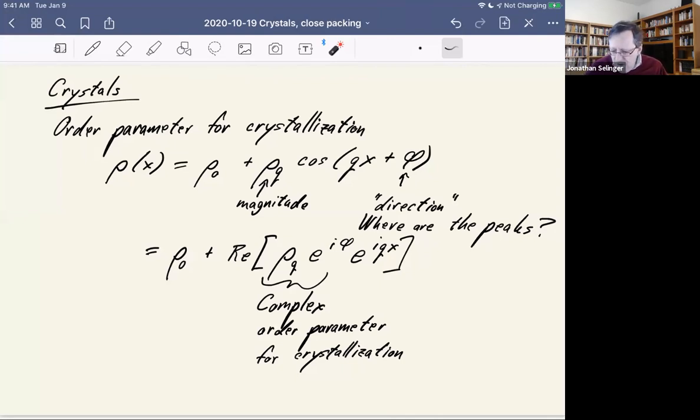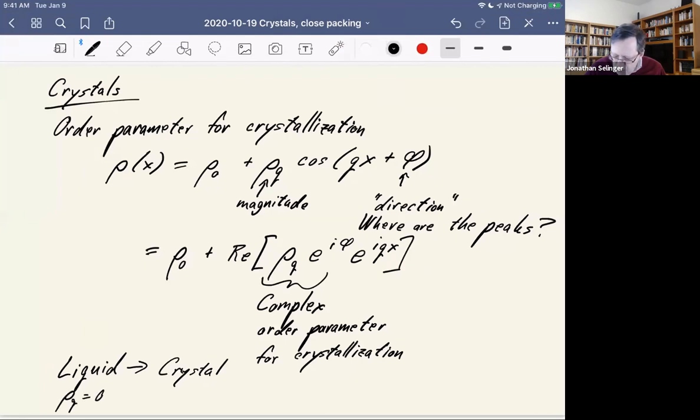Okay, so the transition from liquid to crystal is a transition from rho q equals 0 to rho q not equal to 0, some non-zero complex number with a magnitude and a direction.